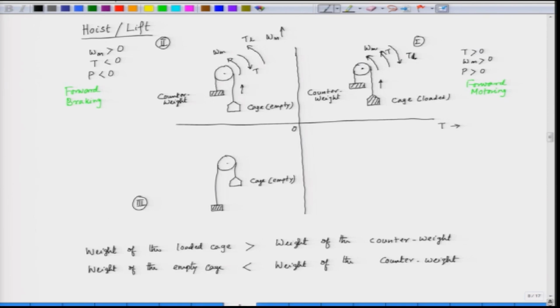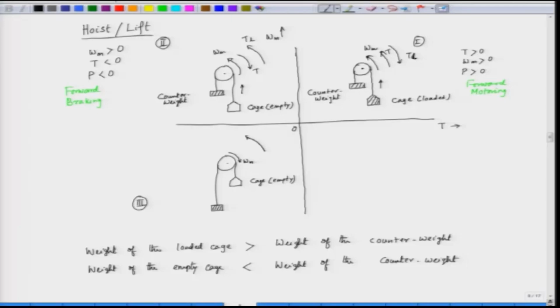In this case the speed is in the clockwise direction, and the counterweight has more weight than the empty cage. So, the torque is in the anticlockwise direction, T L, and the motor torque will oppose the load torque. So, the motor torque is in this direction. This is the counterweight.